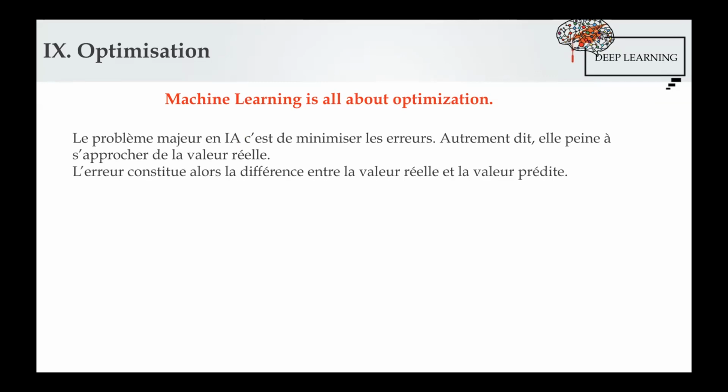L'erreur constitue la différence entre la valeur réelle et la valeur prédite. Par exemple, si une personne mesure 1,80 m et qu'on dit qu'elle mesure 1,50 m, on prend cette différence, ça va être l'erreur. On l'élève au carré pour ne pas gérer les valeurs négatives.